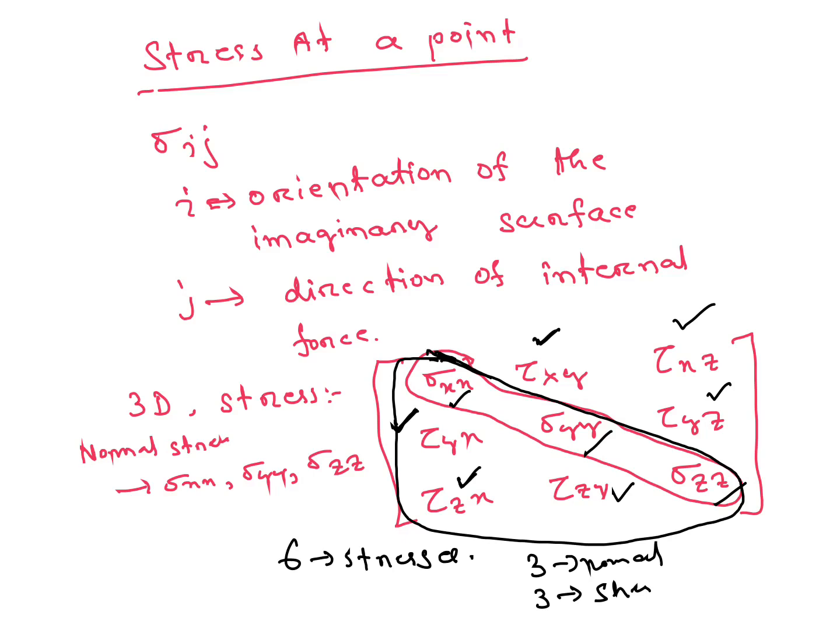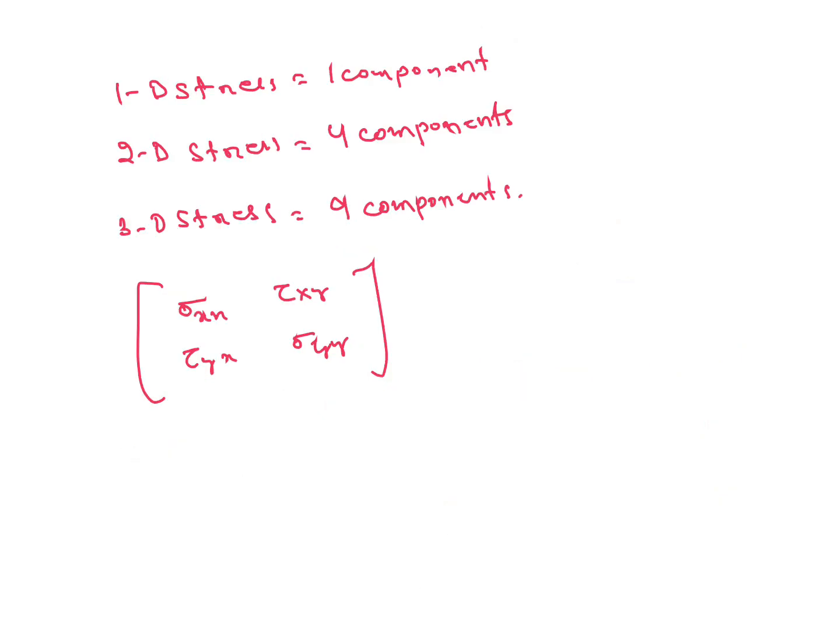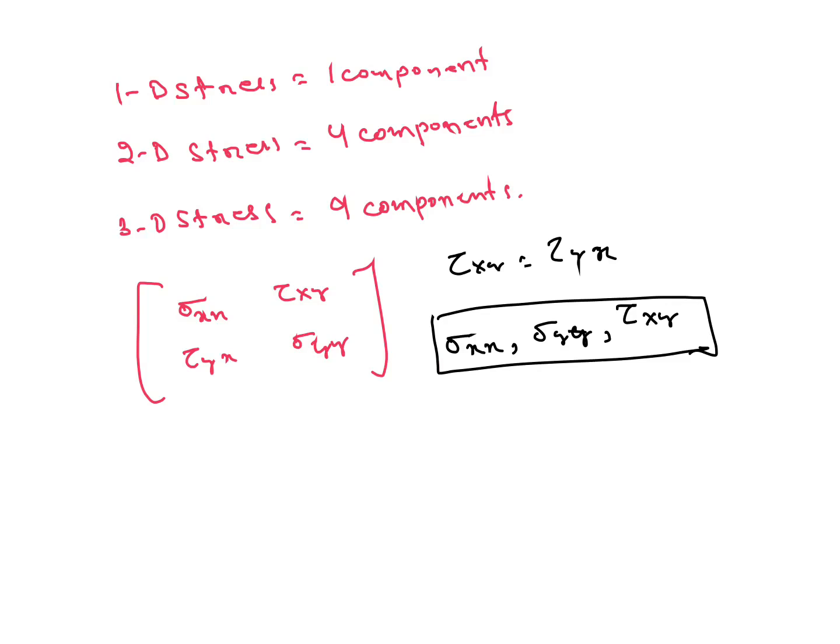And for 2D stress element, number of independent components required is, tau xy equal to tau yx, so you take 1. Total 3 components required, sigma xx, sigma yy and tau xy or tau yx. Total 3 components required. Independent stress components. This one also they are asking.